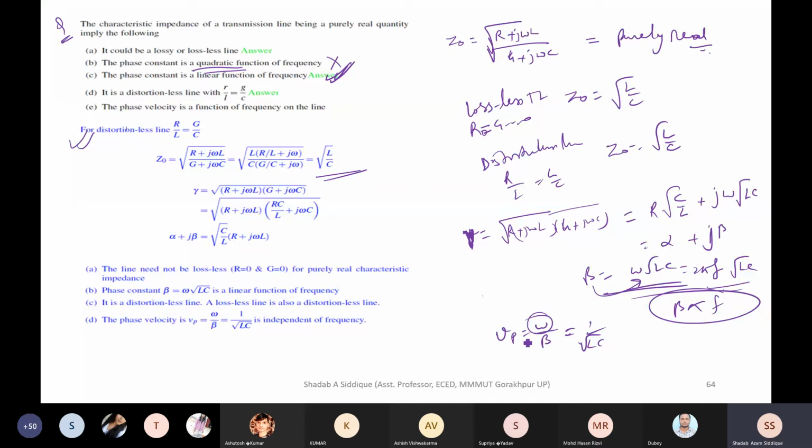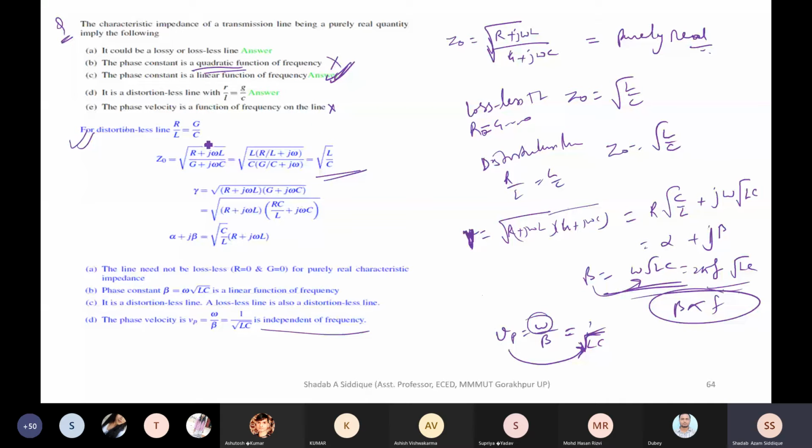It is 1 by root under LC, because we are taking the basic elements of the transmission line: resistance, capacitance, inductance, and conductance. So phase velocity is independent of frequency. Phase velocity is not a function of the frequency of the line.